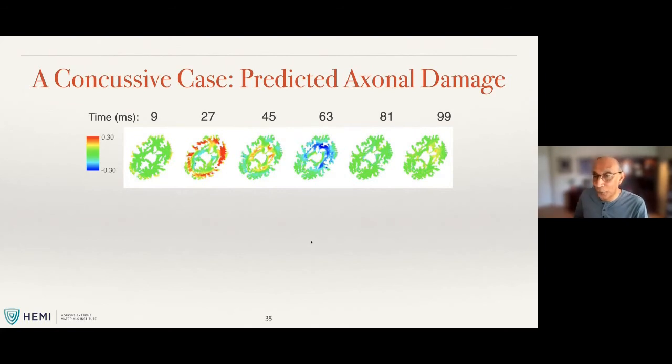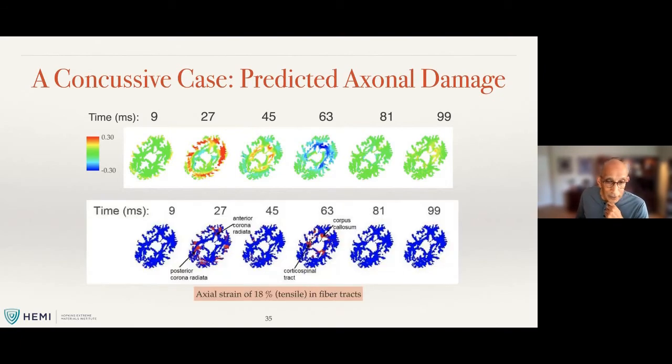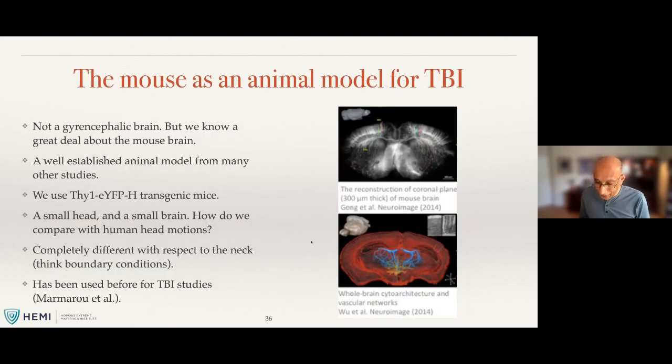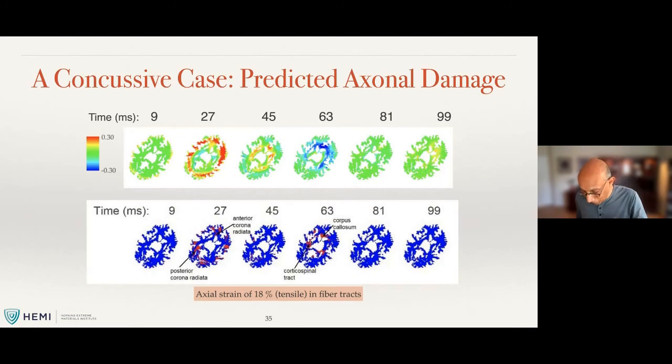But I can predict when axonal damage will occur based on the idea that there's a critical axonal strain which will cause injury. And this will tell you which parts of the brain are likely to be damaged as a consequence of that. Because each part of the brain has a certain level of importance with respect to certain kinds of behavior, you can then predict different kinds of behavior and ask, does that compare with what people observe in the field?